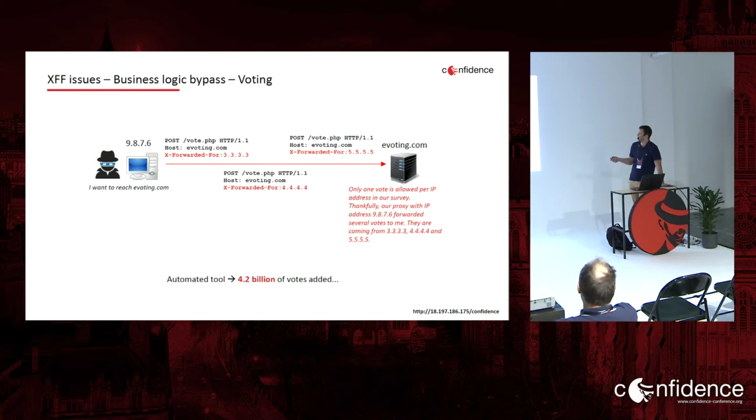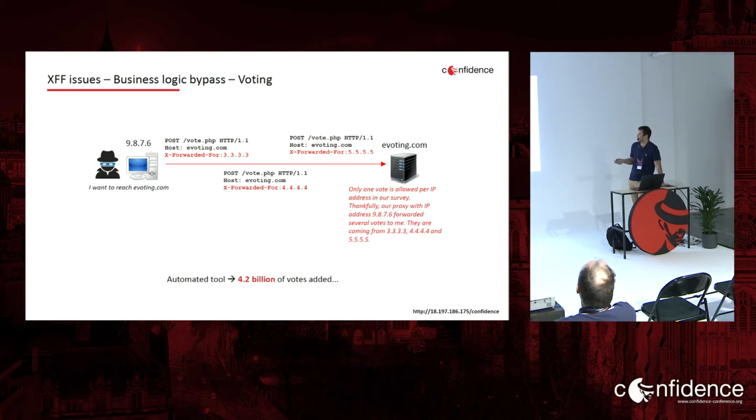In that case, if the application is not configured properly, it is possible to send multiple requests coming from different IP addresses. And despite the fact that this application is configured to allow only one vote per IP, we are able to bypass this mechanism by using multiple X-Forwarded-For header values.